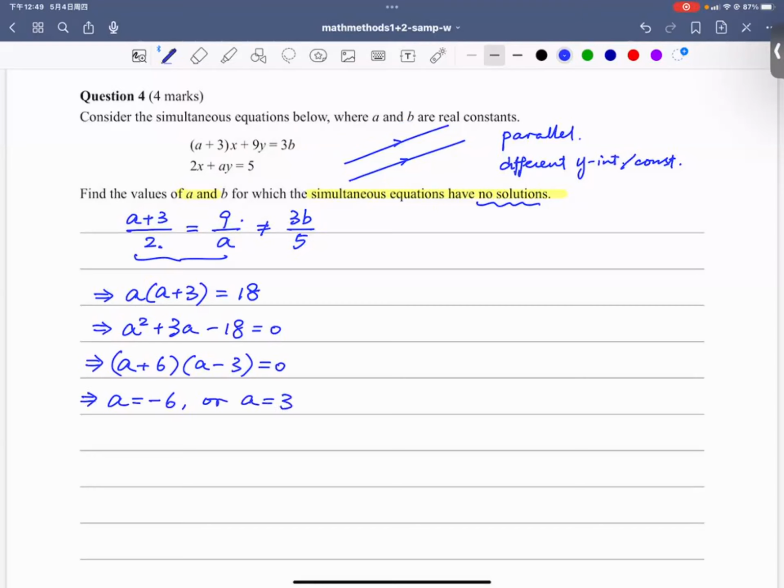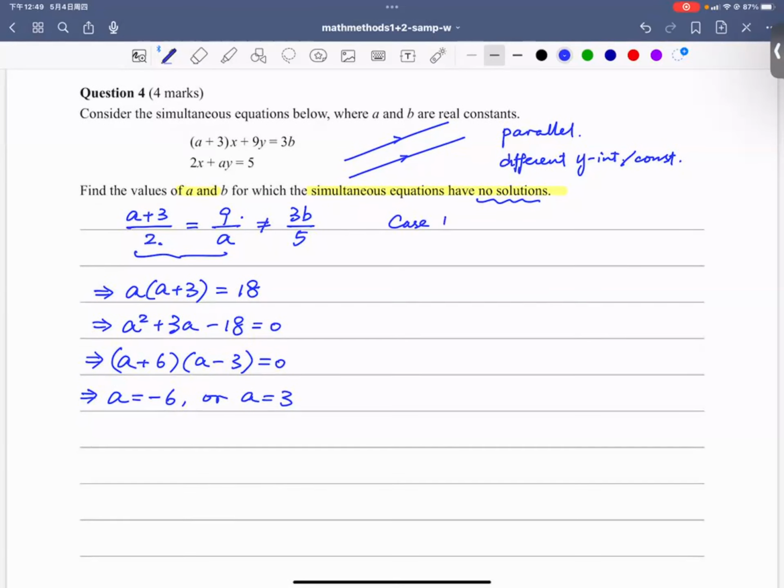For these two particular values of a, they give the same gradient for the parallel lines. Then we have two cases. Case 1, if a equals negative 6, then we have 9 over minus 6, actually not equal to 3b over 5. So minus 3 over 2 not equal to 3b over 5, okay?